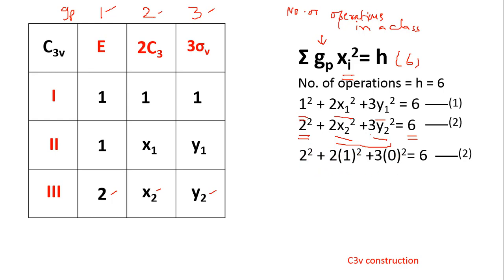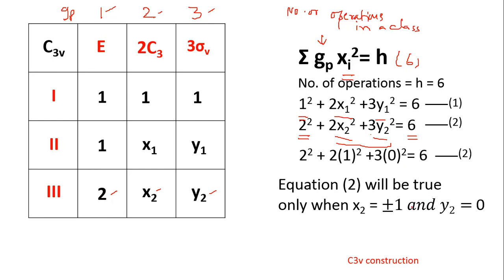From this we can get that y2 is equal to 0, but still x2 can be plus or minus 1, because if it is plus 1, 1 square is 1. If it is minus 1, minus 1 square is once again 1. We don't know whether it is plus 1 or minus 1, but we are sure y2 is equal to 0.